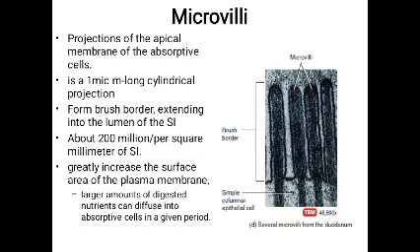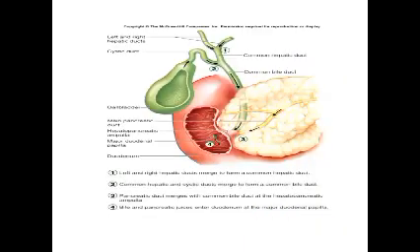They greatly increase the surface area of the plasma membrane. Larger amounts of digestive nutrients can diffuse into absorptive cells in a given period. This is the diagram.